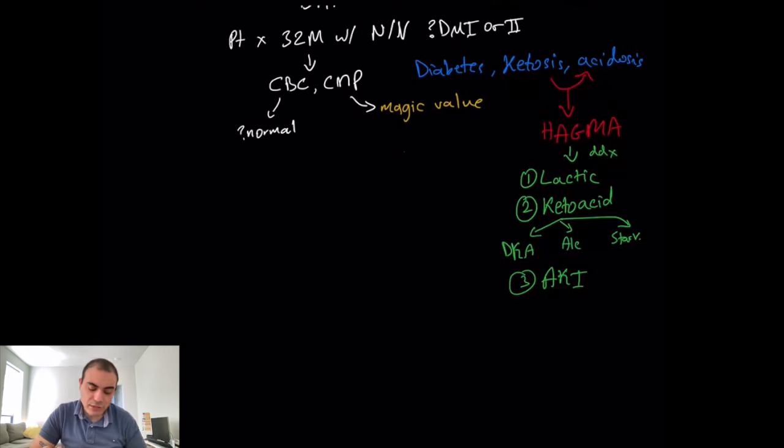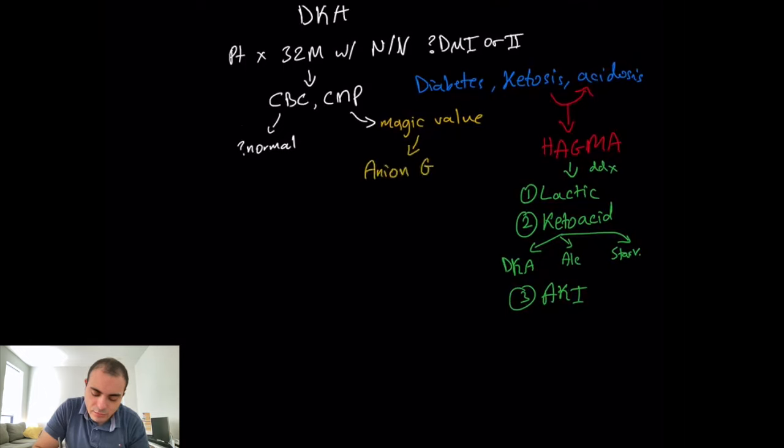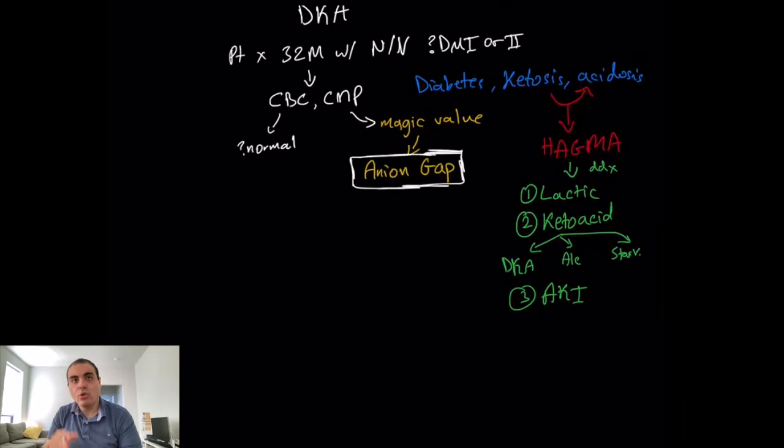So the magic value for somebody who presents with what maybe is DKA is the anion gap. Keep this in mind, that when you're treating the DKA, you are treating the anion gap.